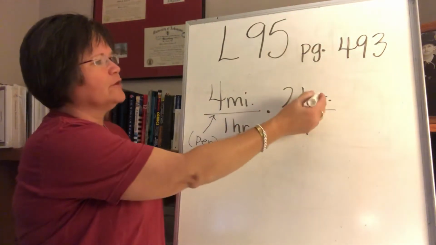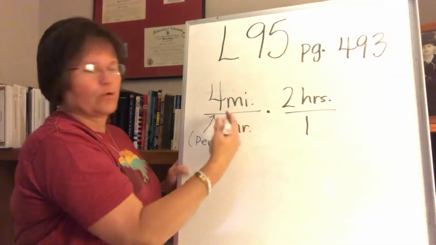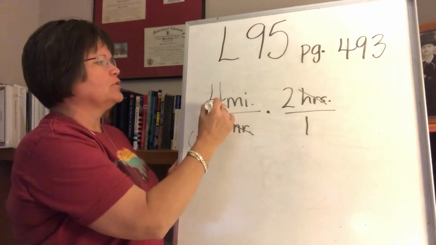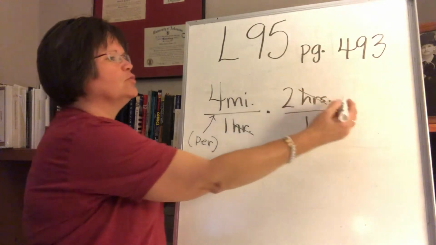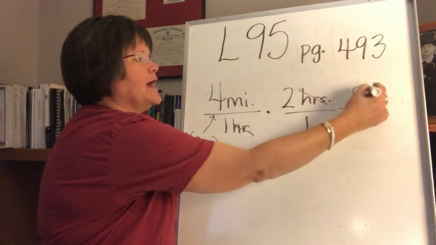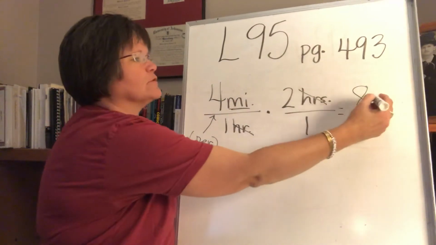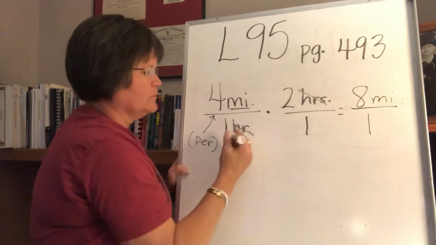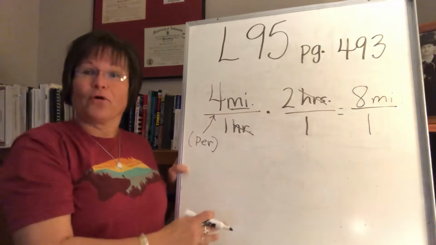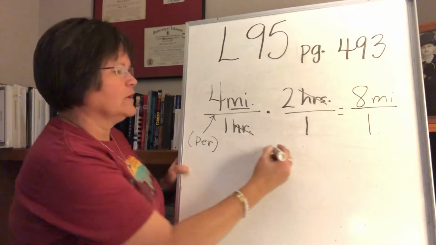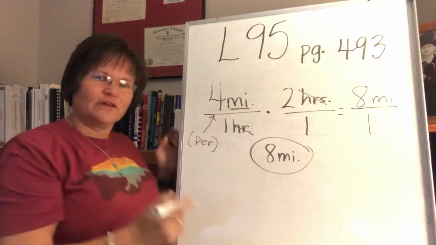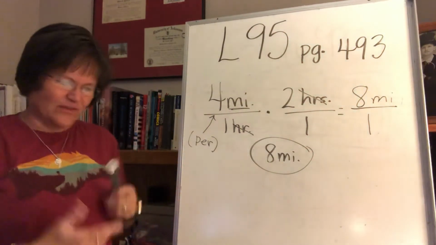We can see there are hours and hours, so we cross-cancel out our hours, and then we multiply 4 times 2, which is 8. The miles is here, so it would be 8 miles. And this would be a 1, and any number over 1 is that number. So you would expect to travel 8 miles in this problem.